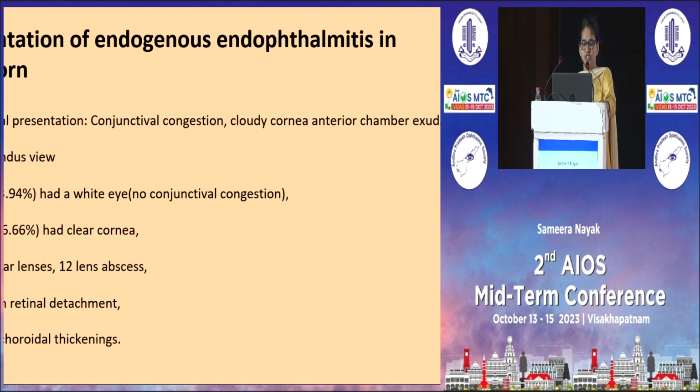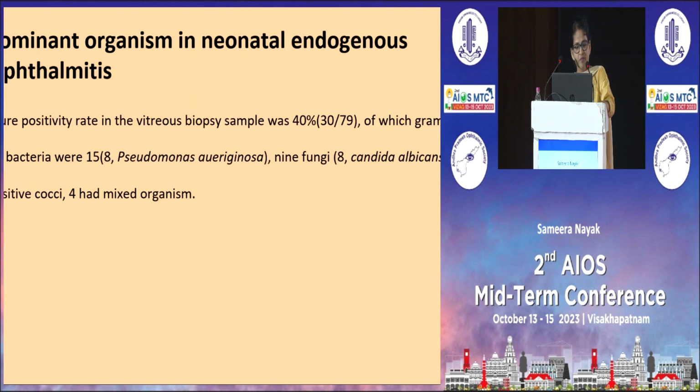Typical presentation was conjunctival congestion, cloudy cornea, anterior chamber exudates with no fundus view, but we also saw a couple of cases with white eyes, no conjunctival congestion. 40 eyes had clear cornea, 19 clear lenses, 12 presented with lens abscess, 7 presented with retinal detachment, and 4 with choroidal thickening.